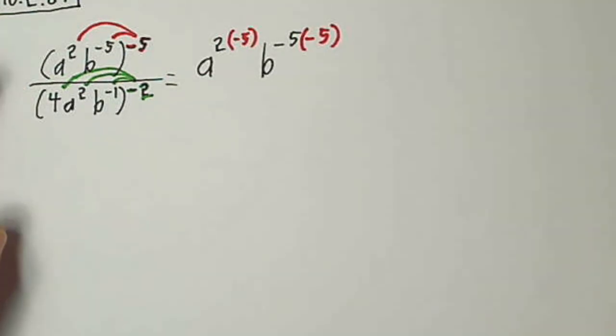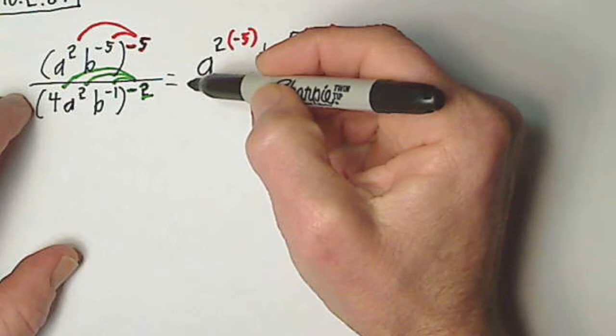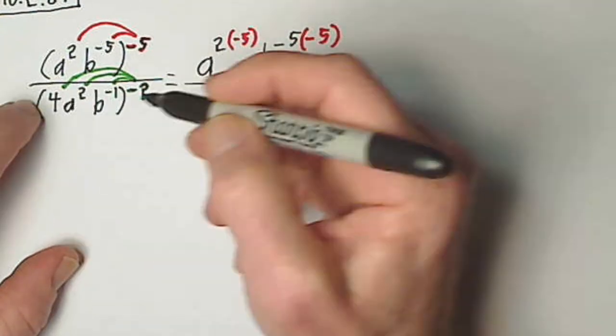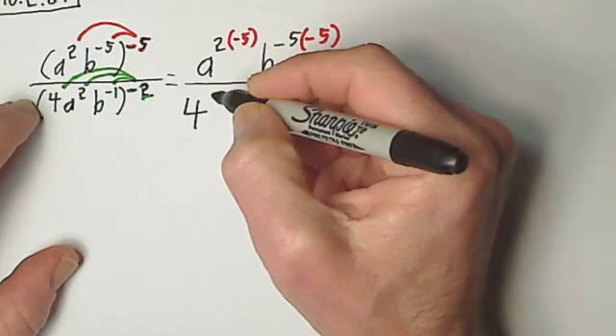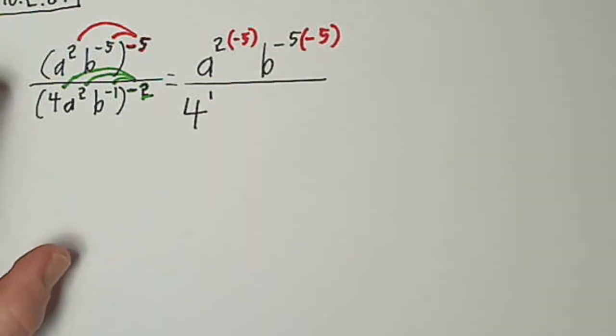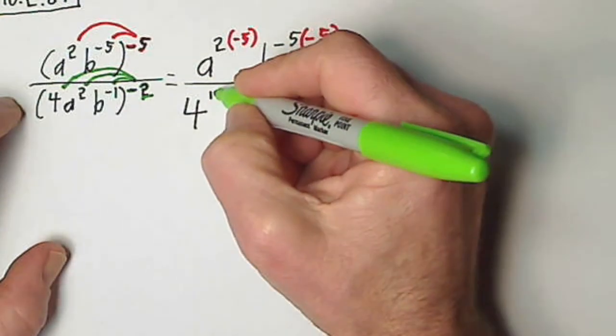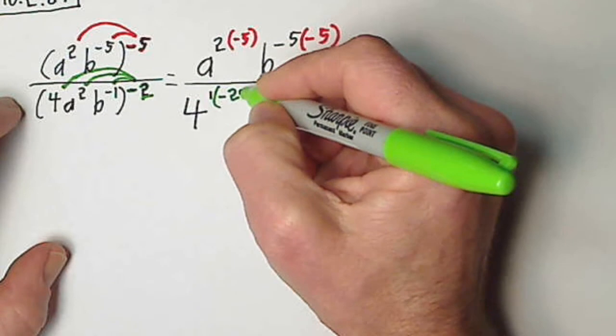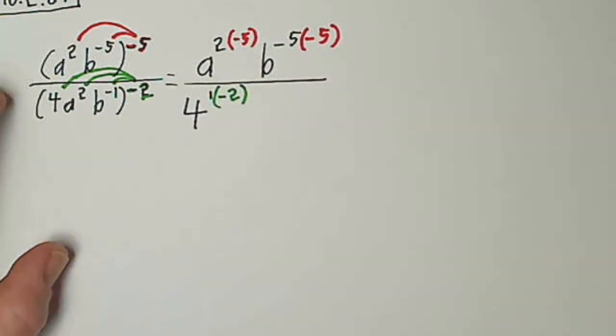All right, I hope that's a little more clear. And this is all sitting over our 4. That's really to the first power, right? And we're going to multiply that by the negative 2, right? We sent in the negative 2.